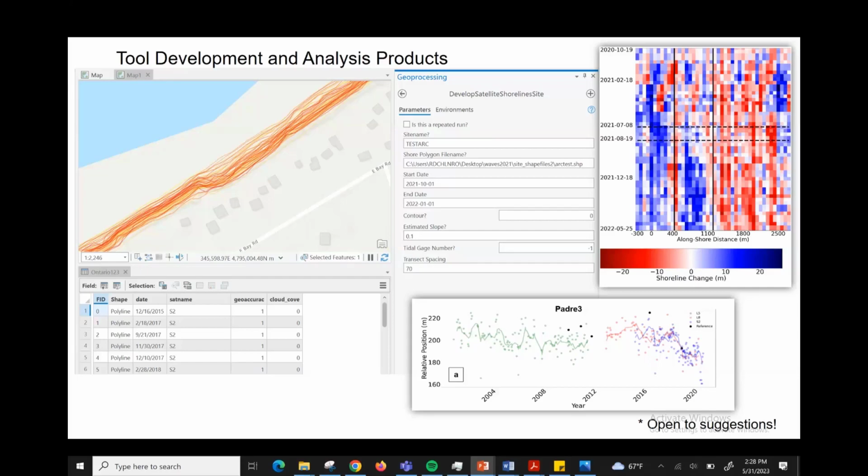Okay, that's fine. And so for you district folks, this is a place to pay particular attention to. I've just added some of these additional plots. So I mentioned analysis products. Our primary goal is to provide you with the shoreline time series and shapefiles, but we want to go some steps further.